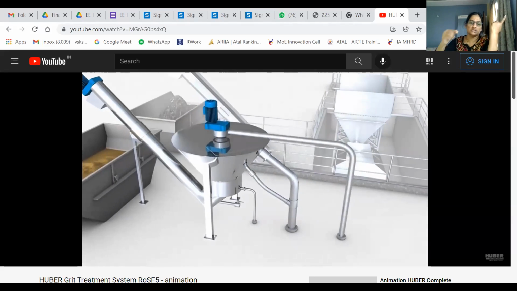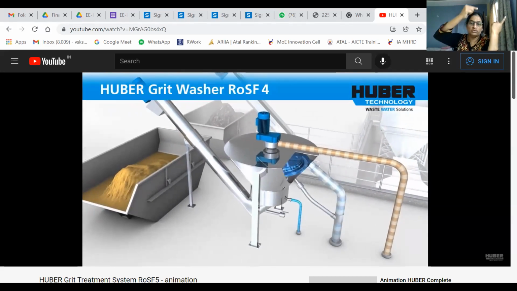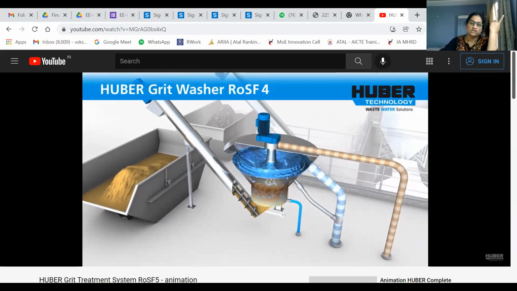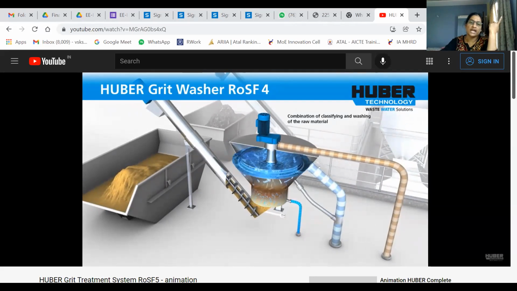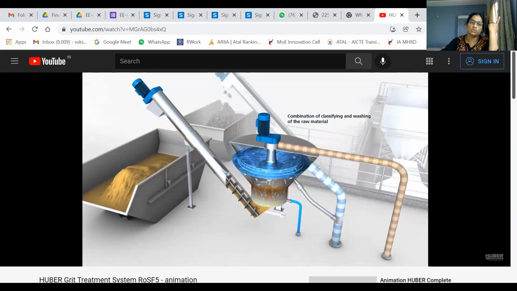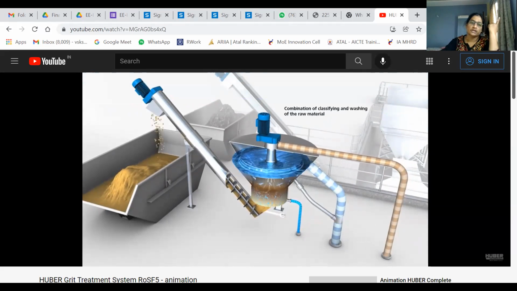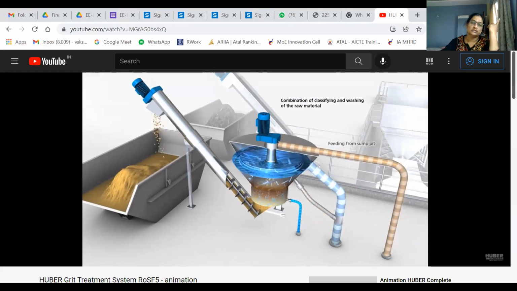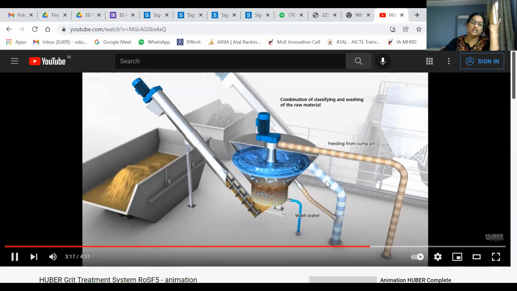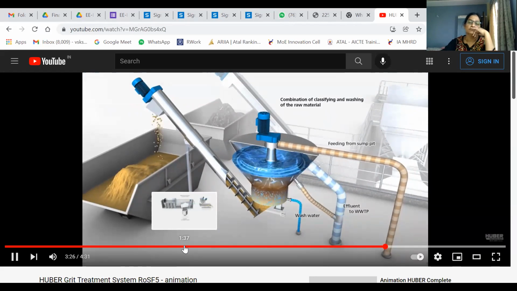There are buckets, and that chain will keep on moving in this direction. At that time, each bucket will collect the grits from the bottom, and each bucket has perforated openings. The cleaning of grit is shown over here. It is washed, and then it can be reused as a filler somewhere.